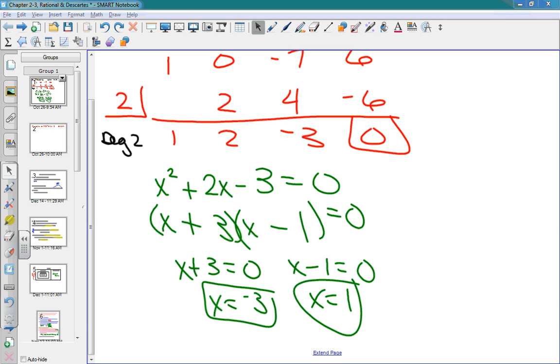I knew I was right. Sometimes, whenever I'm typing these up at home out of your book, I just don't always get the right thing. But you guys should be glad that I at least made you a worksheet. Thank you. So you guys said that needs to be a positive 48.